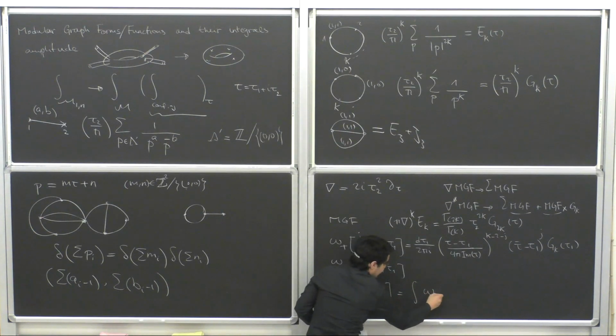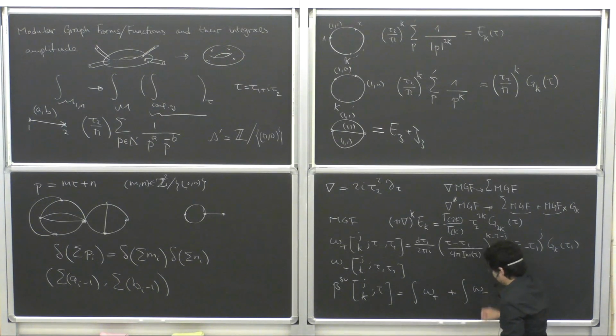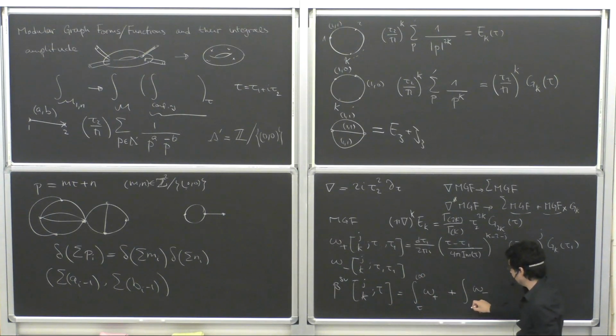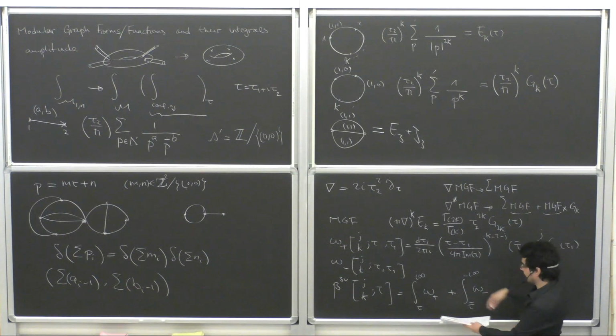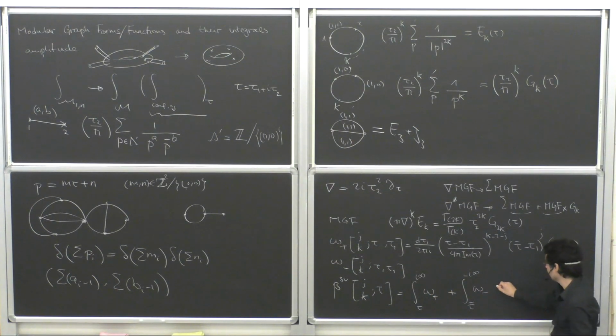This is an integral over omega plus and an integral over omega minus from tau to i infinity with some kind of regularization. So this is an integral that is decorated with holomorphic Eisenstein and anti-holomorphic Eisenstein. And what I can see is that I can write E.